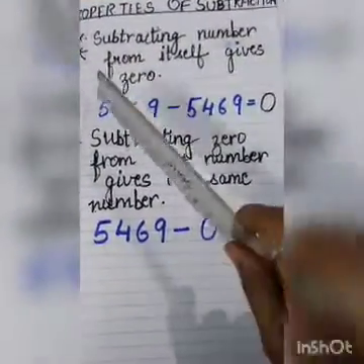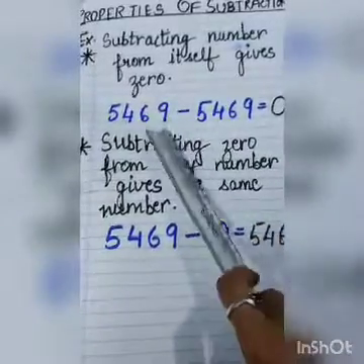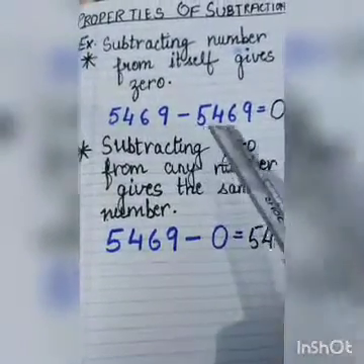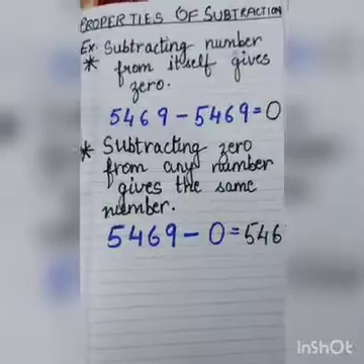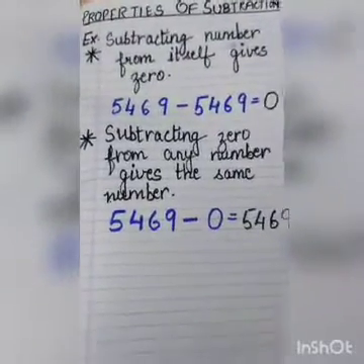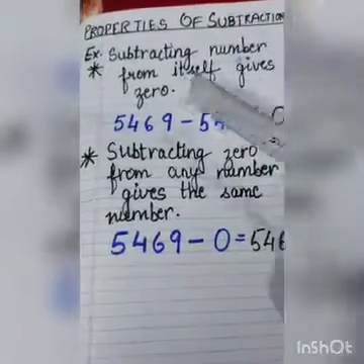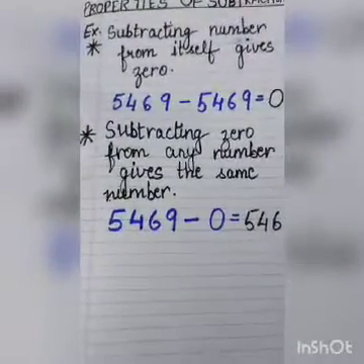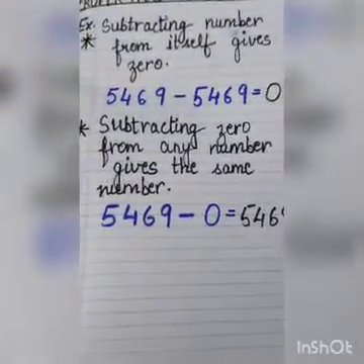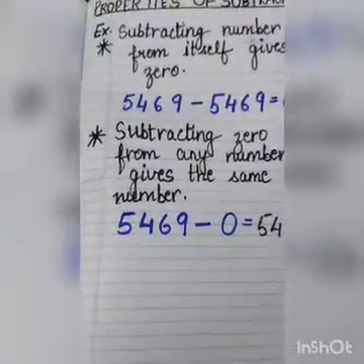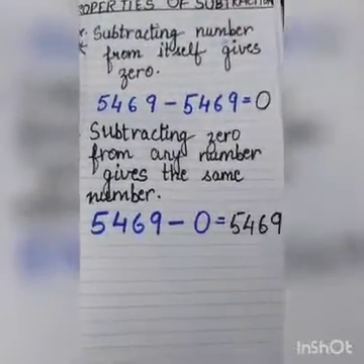The first property says, as we told you, subtracting a number from itself gives 0. That is, 5469 minus 5469 will give us 0. The other property says that subtracting 0 from any number gives the same number.